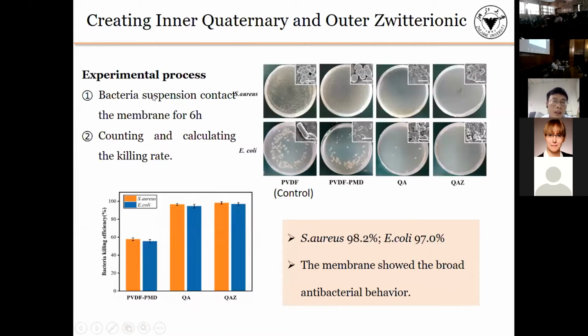Then we tested the membrane using some bacterial suspensions, one is E. coli and another one is S. aureus. We can find that all the surfaces of our membrane with the zwitterionic and the quaternary groups have a kill rate over 97%. That means that our membrane has a very broad antibacterial behavior.